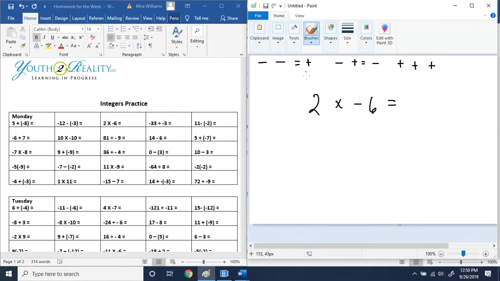Okay, so we have a positive number and a negative number that we're multiplying, so our answer is going to be negative. So 2 times 6 is 12. Negative 2 times negative 6 equals negative 12. You may also see multiplication written with a number right beside a parentheses. This also equals a negative 12, and it means to multiply.